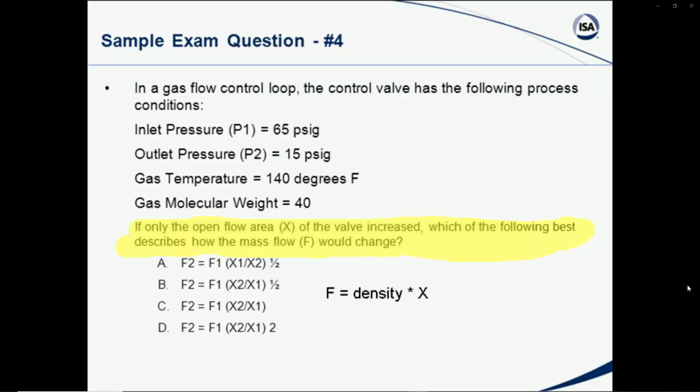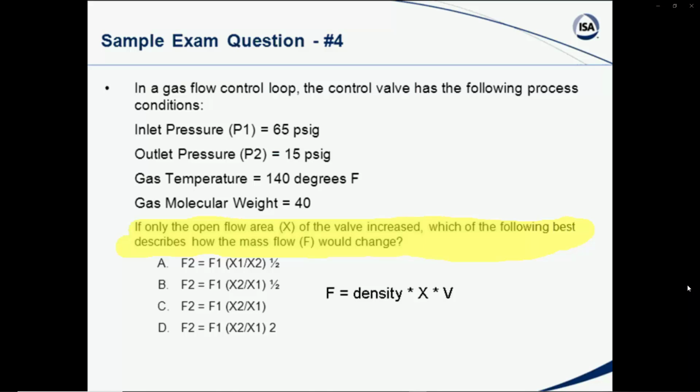We were given the area as X, times the velocity. In other words, instead of rho A V, we have F is equal to rho X V. And for the two different situations, F1 is equal to density 1 times X1 times V1, and F2, the second condition, when we have a different area, is equal to density 2 times X2 times V2.